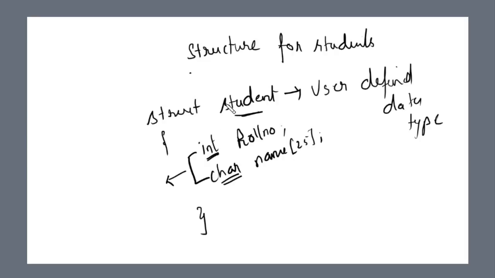When you are grouping these types of values into one single entity, we cannot use arrays. That's why we are using structures. And here everything by default is public. This we have to remember throughout the programming. Whatever you are defining inside the structure, for example roll number and name, we call these structure elements, or else structured data.